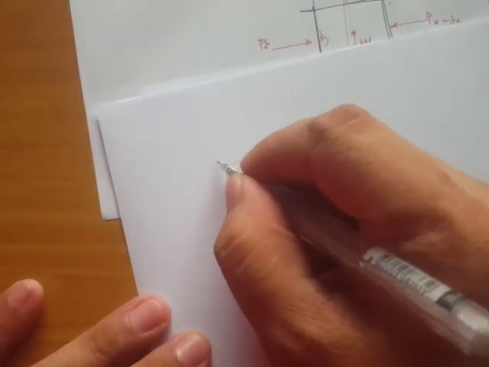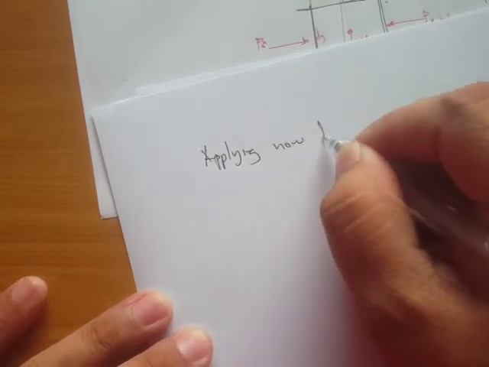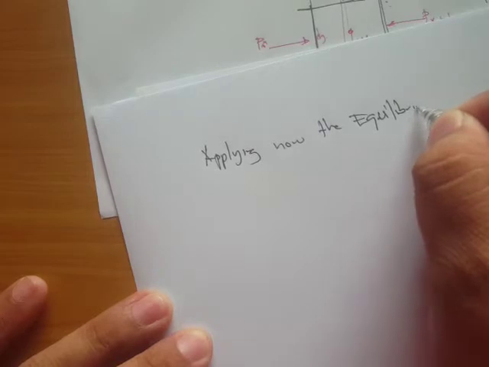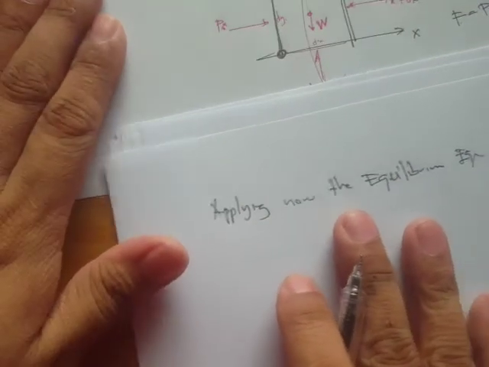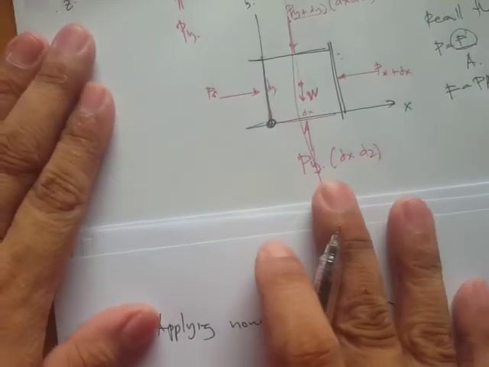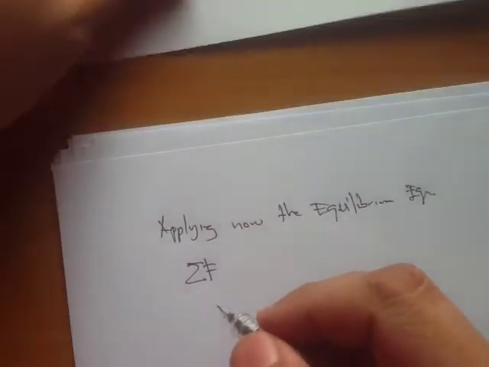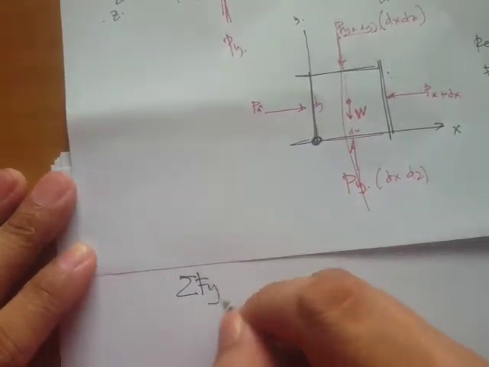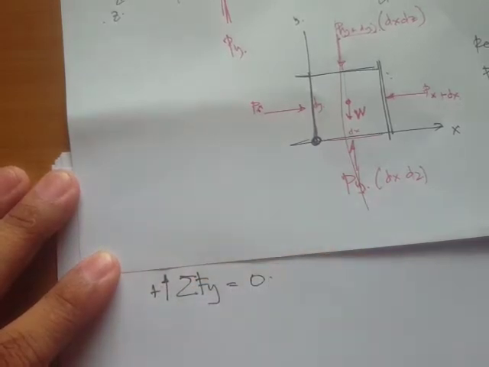Now let's apply the equilibrium equation. We'll apply the equilibrium equation along the y only. So summation of forces y, and let's assume that upward is positive, is equal to 0.